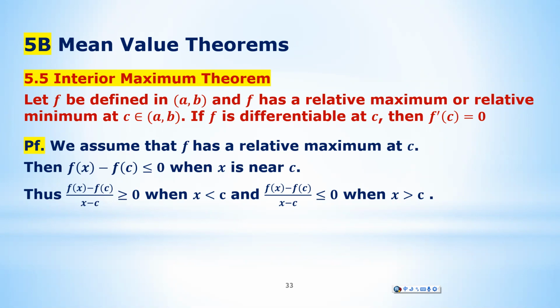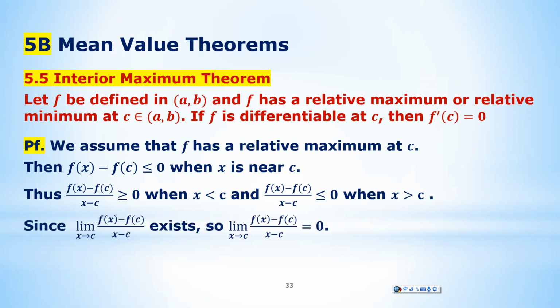Now let x approach c. Based on the definition of the derivative, when x approaches c, the ratio goes to the derivative, because we assume f is differentiable at c, so the derivative exists. Therefore this two-sided limit exists.